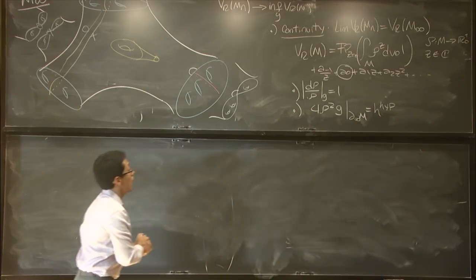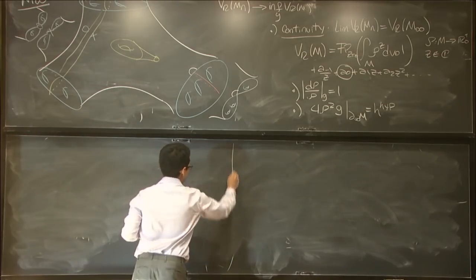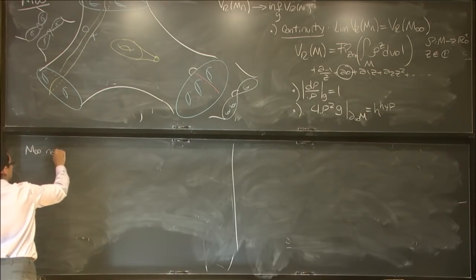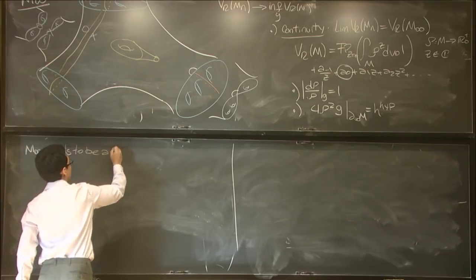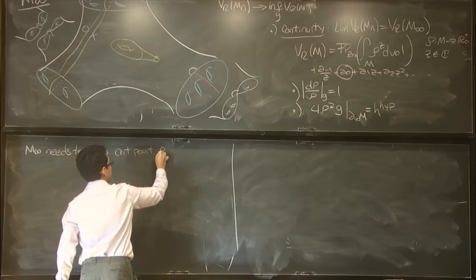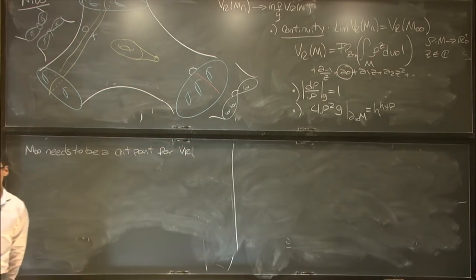So what do you know? If we take now continuity into hand, then we know that M infinity needs to be a critical point for renormalized volume.